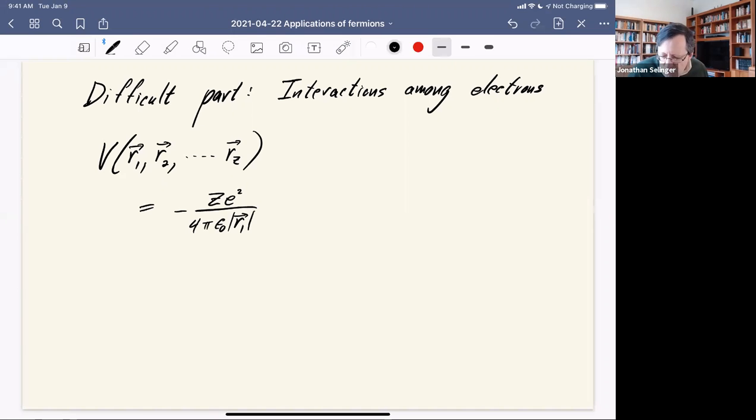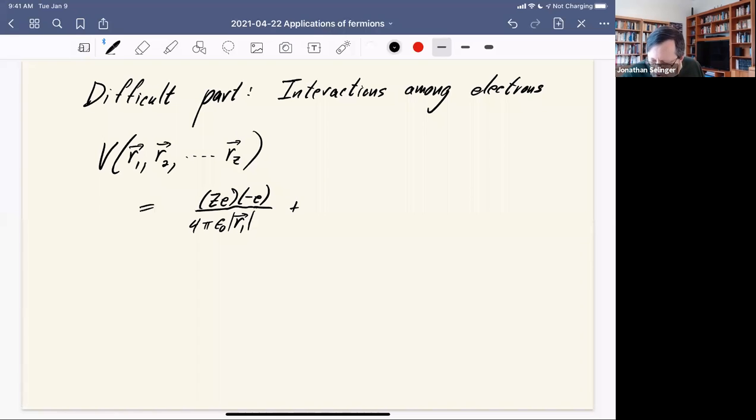This is electron 1 interacting with the nucleus. It has this form because the nucleus charge is Z E, and the electron charge is negative E. So this is the product of the charges in the numerator, divided by the magnitude of the distance between the electron and the nucleus at the origin.